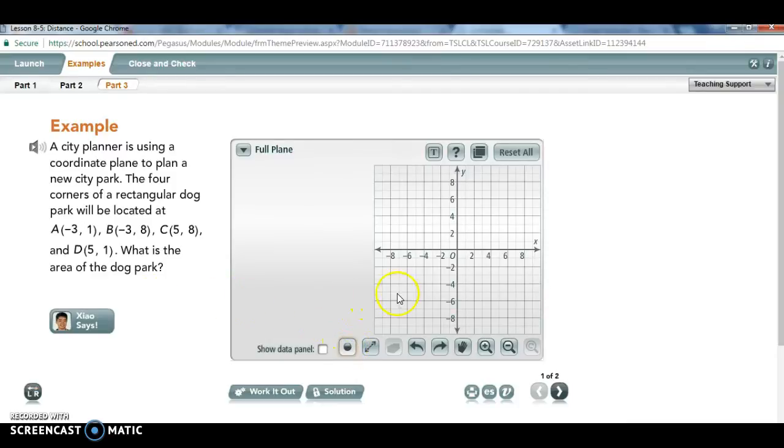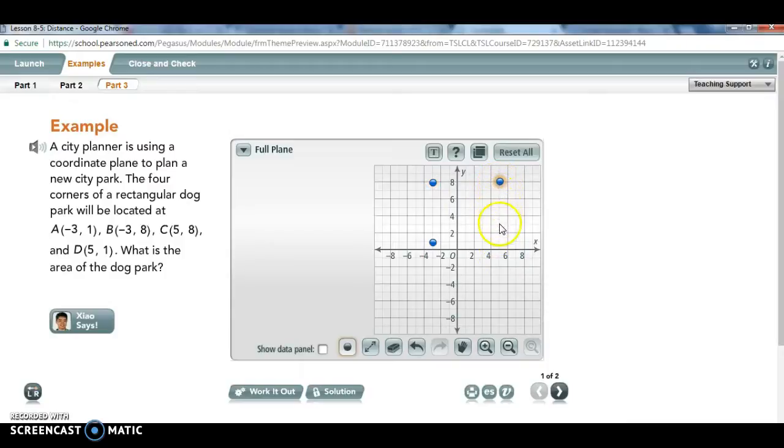What we need to do in order to find the area of the dog park is to first plot our points. A is at (-3, 1). B is at (-3, 8). C is at (5, 8).